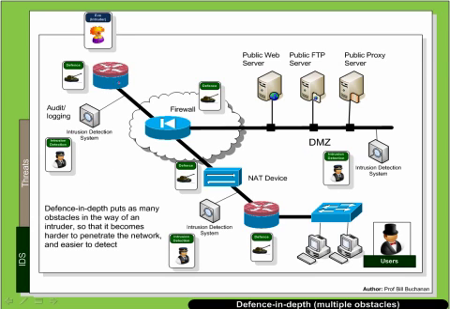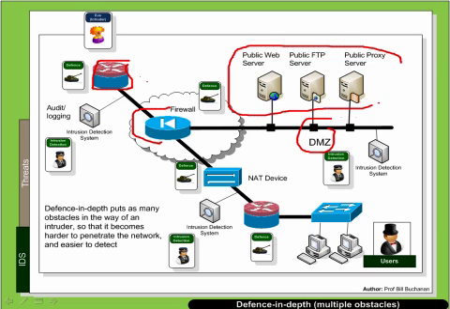So defense in depth typically involves setting up firewalls and demilitarized zones, with public-facing servers inside the DMZ. We can have network address translation devices to hide the internal infrastructure of the network.